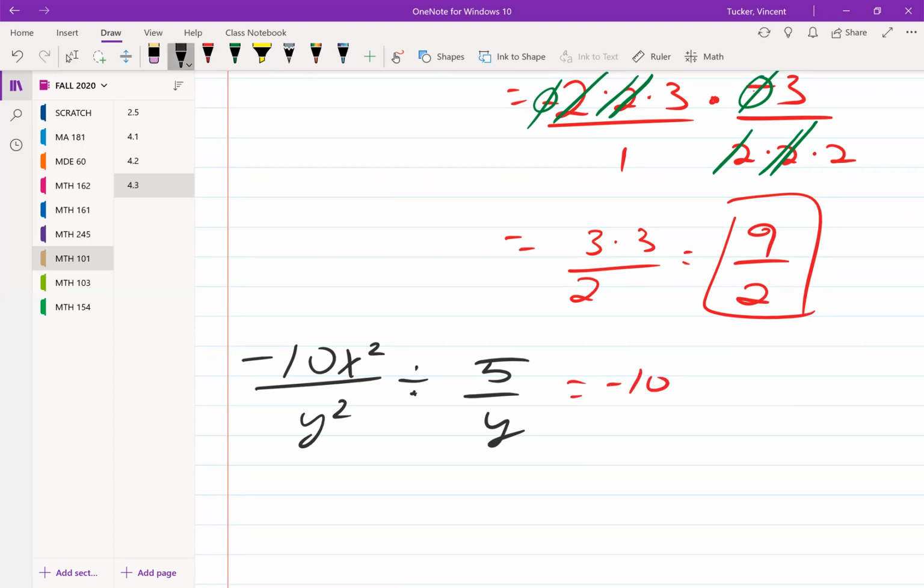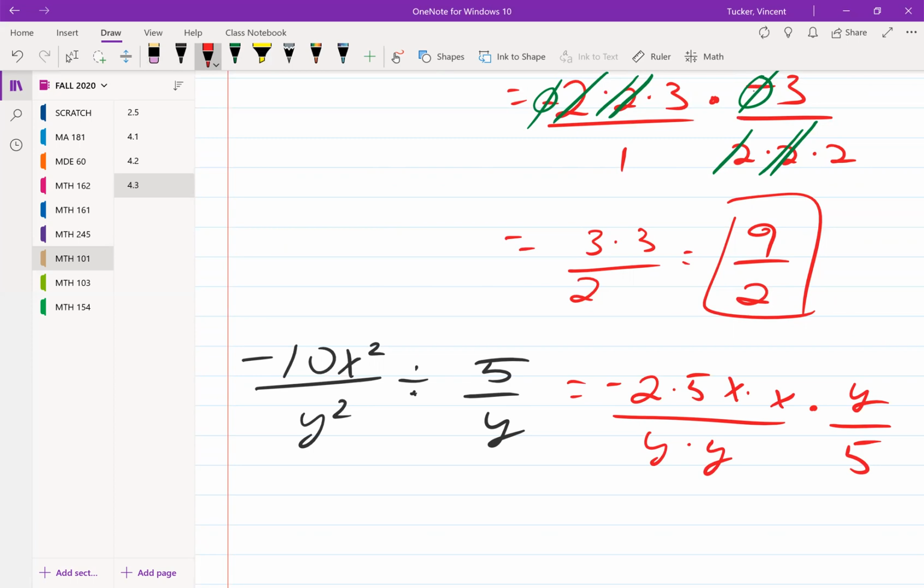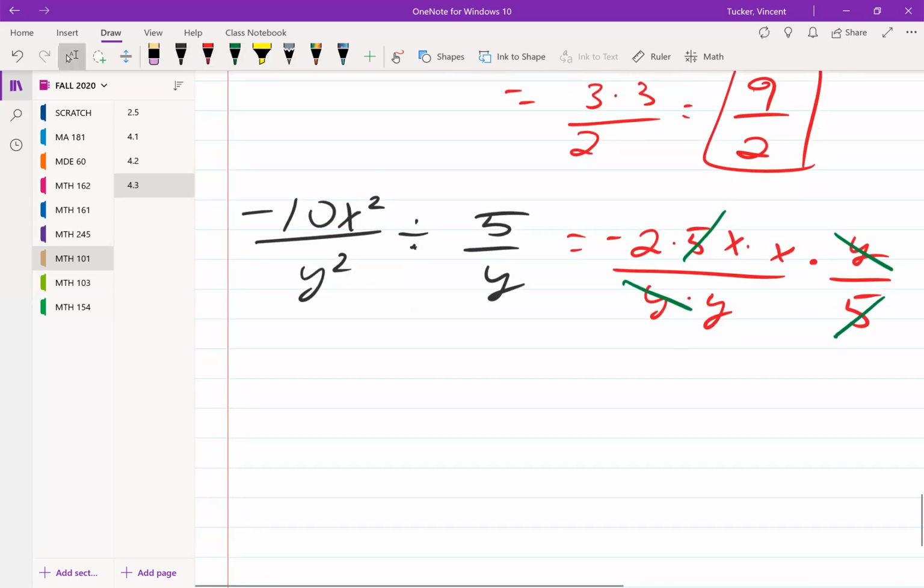So that negative 10 is 2 times 5, x times x, y times y over 5. 5's cancel. One of those y's will cancel for us. And that would be negative 2x squared, because of x times x, over the y.